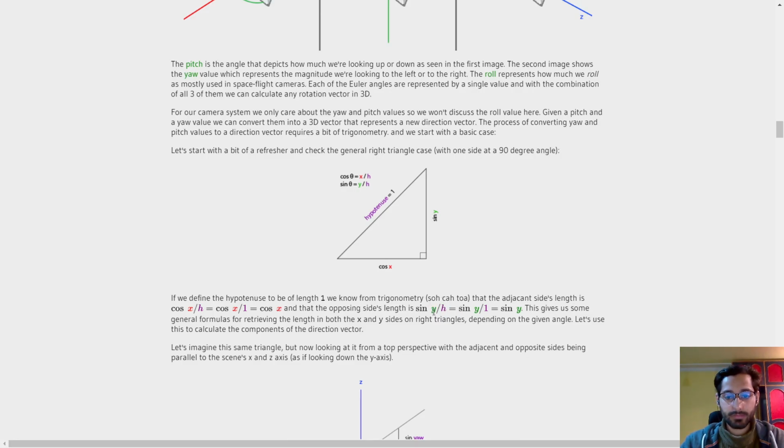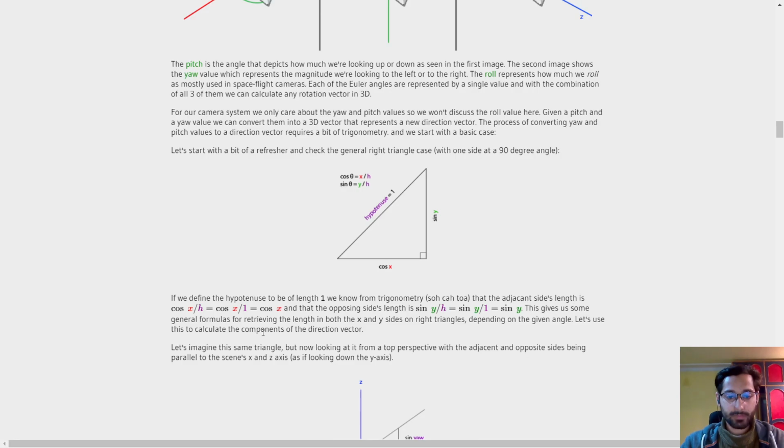Okay, so will that be like SOH? Here x is, I guess, the base, and the O is this side. That'd be sine y by 1 equals sine of y. This gives us some general formulas for retrieving the length in both the x and the y sides on right triangles depending on the given angle.